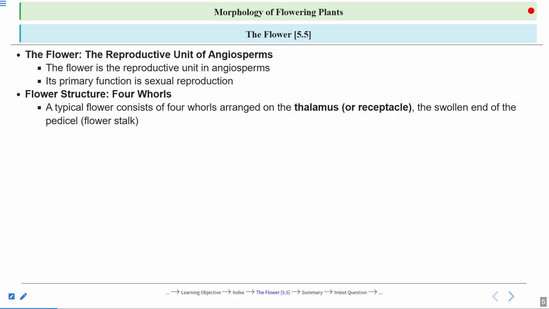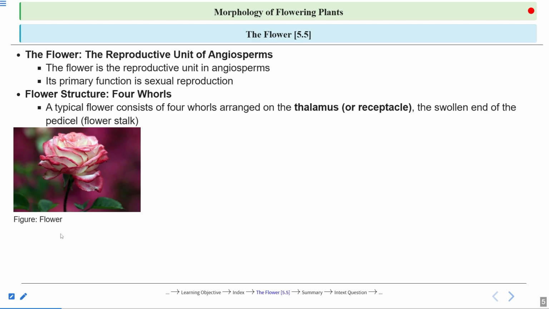That swollen part is called the thalamus or receptacle. It is very important because all the floral whorls are attached to this thalamus only, right? It is the base at which all the floral parts are attached.